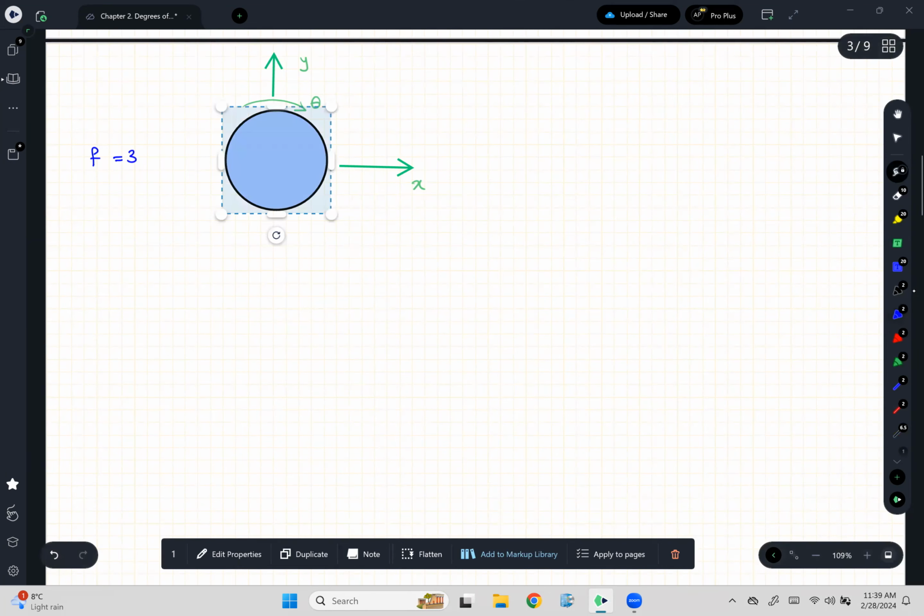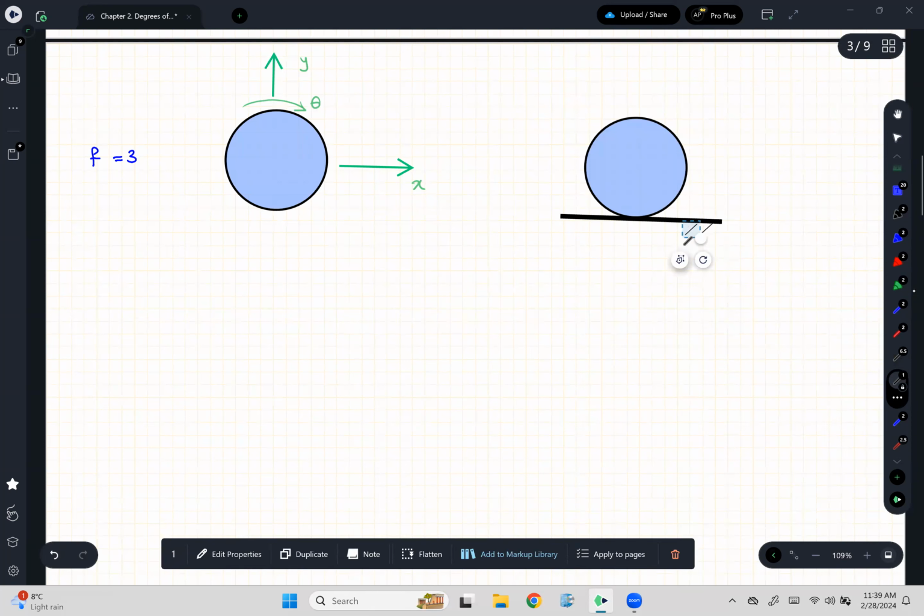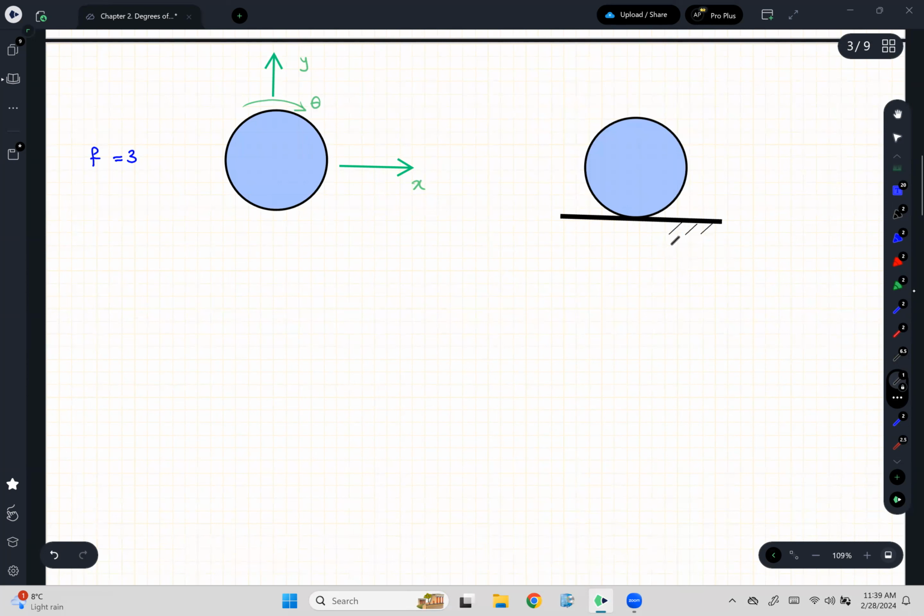Now, let's just put the same disk on the ground, a kind of flat ground. Right, it's there.